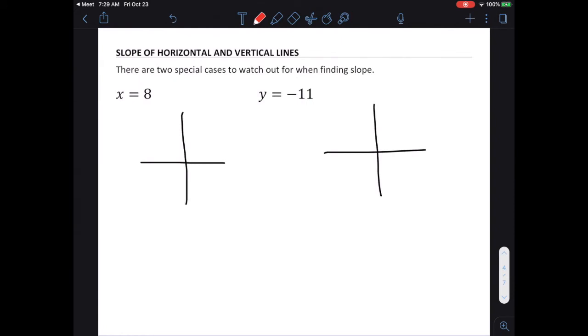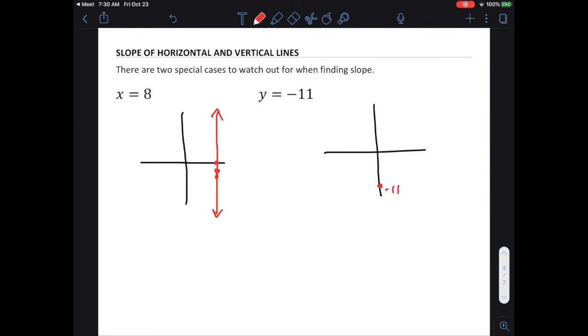So if we have x equals 8, we just go find 8 on the graph, and then x is always 8. So it doesn't matter what y value we pick, x is always 8. So that means that we're going to have a vertical line here. Okay, and when we have y equals -11, we do the same thing, except now we're going to find -11 on the y-axis.